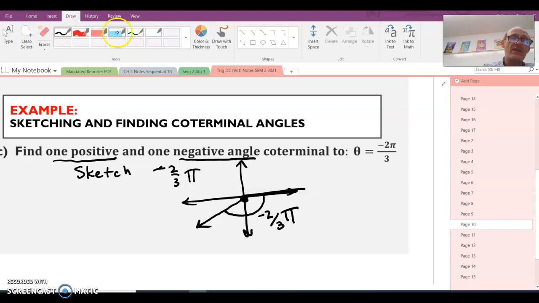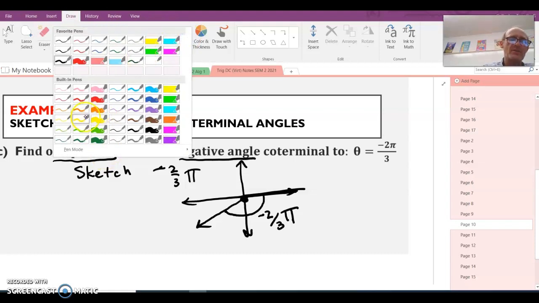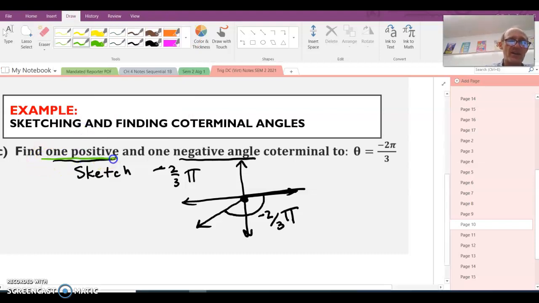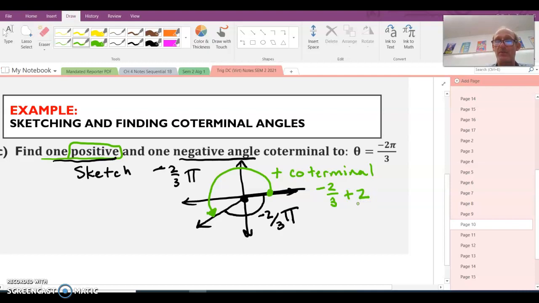Let's do the positive first. To get a positive coterminal angle, it's going to be this one. That's going to be the positive coterminal here. So how do we get it? What you're going to do is take that negative 2/3 and add 2 pi to it.